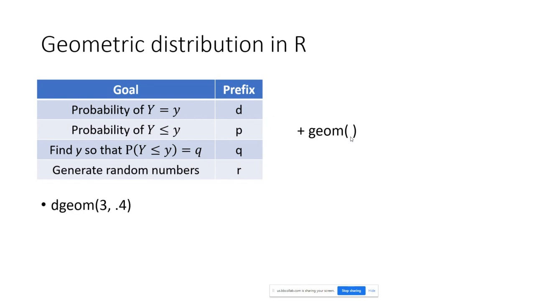So for example, dgeom(3, 0.4), the prefix D gives us the probability that y equals exactly some value y. So this is going to give us the probability that y equals 3 when we have a success probability on any one trial of 0.4.